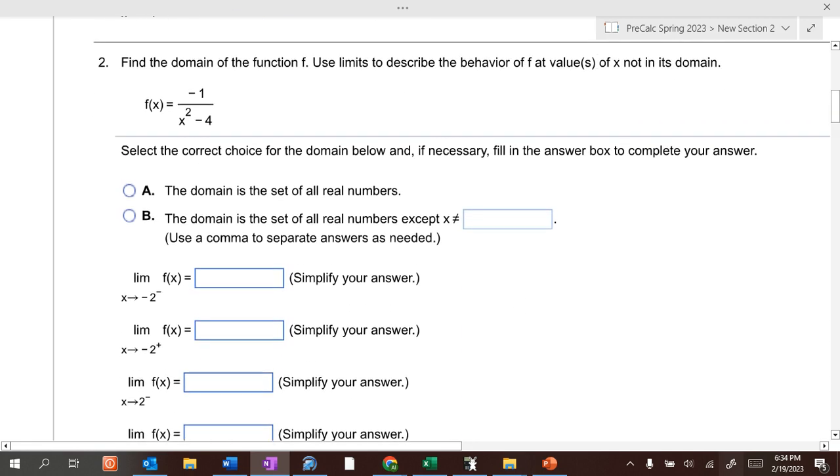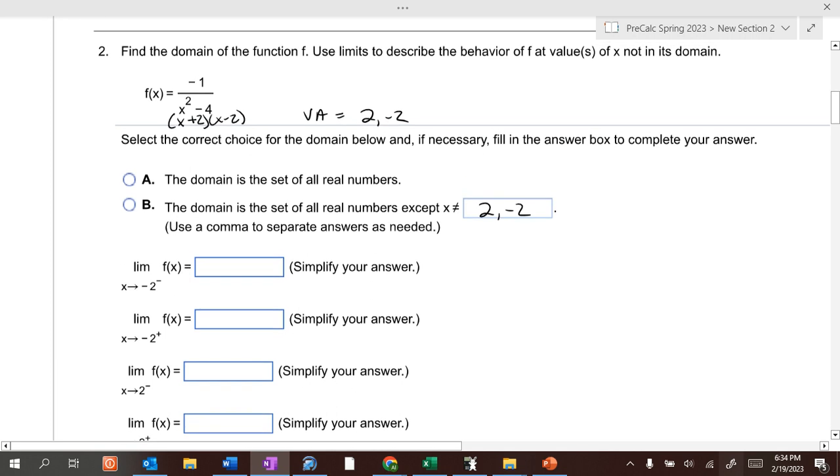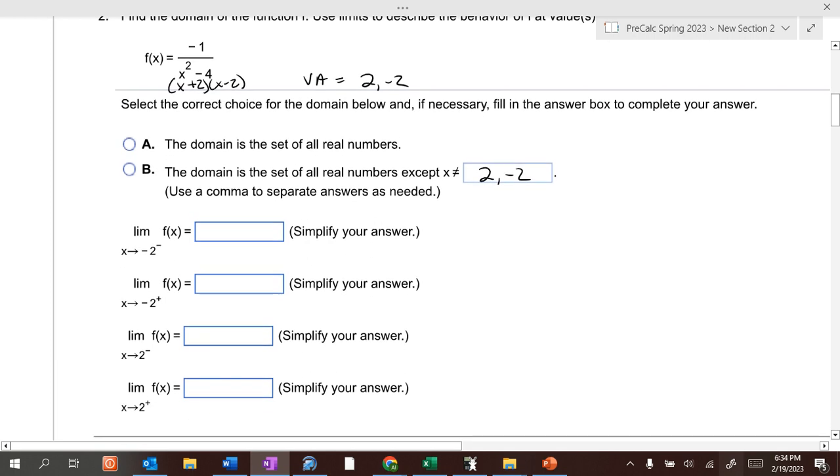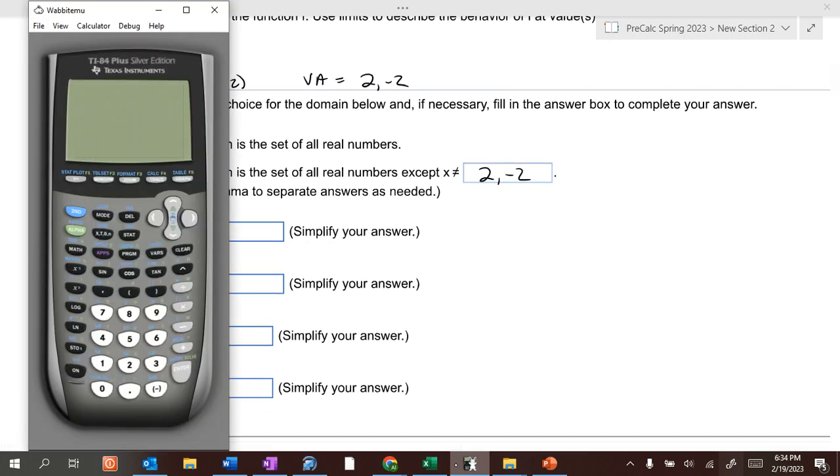Now, -1 over x squared minus 4. When I see this, I factor the denominator: x plus 2, x minus 2. So I know I have vertical asymptotes at 2 and -2. But then what's going on here? I really don't know. Honestly, I think it's a parabola. Yeah, this one's a little different.